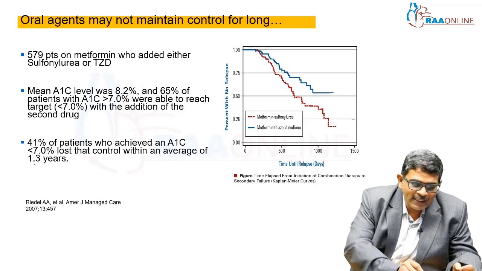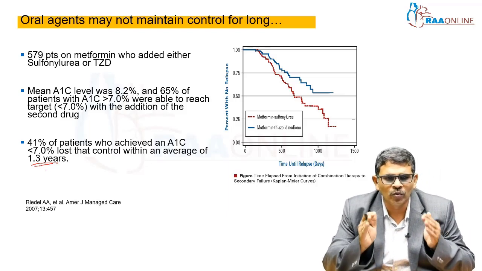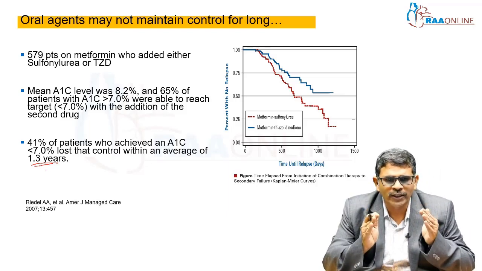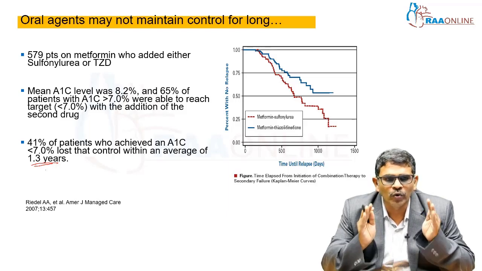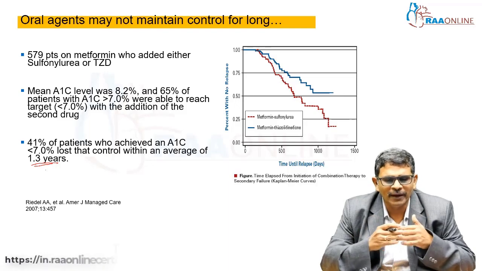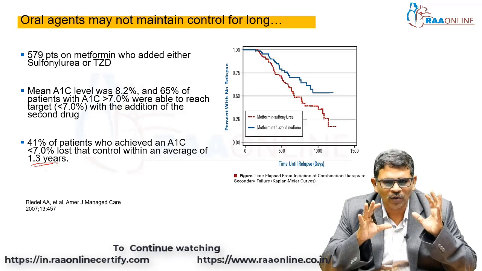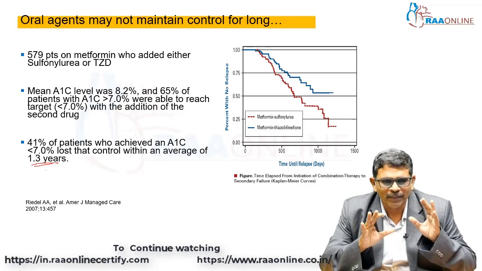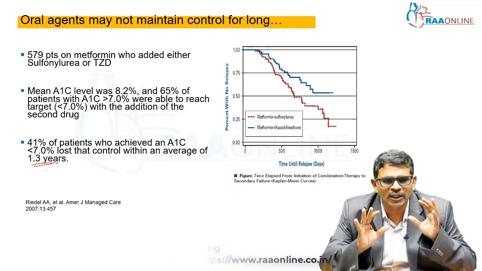So what is the reason they lose control within 1.3 years? It means we are losing the patient's control during this period. If patients on the maximum dose of metformin or sulfonylurea are not monitored for the next 6 months or 1 year, the control of 7% will be lost in 40% of the patients.